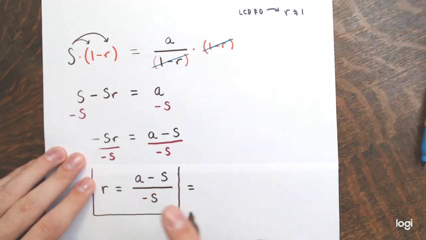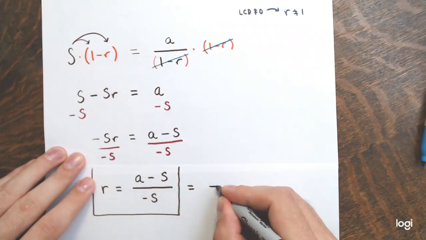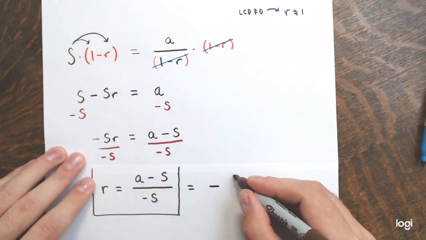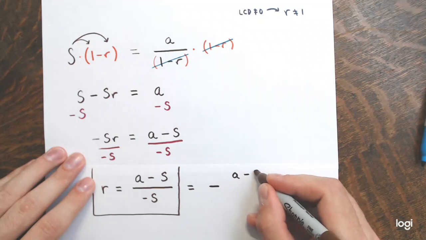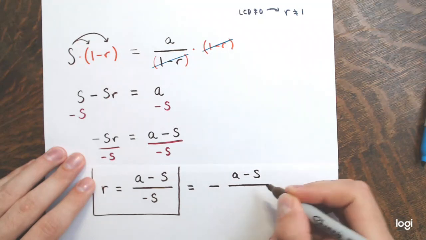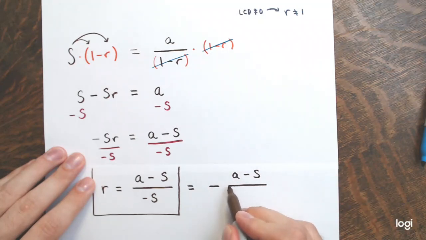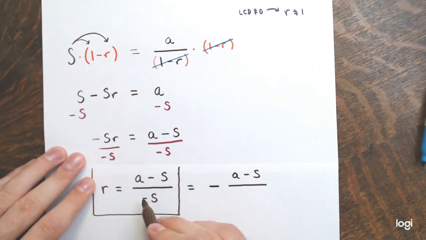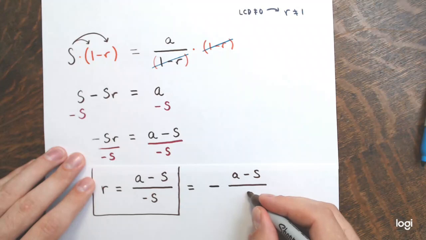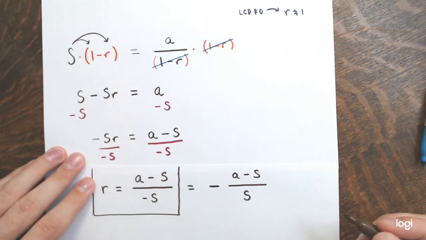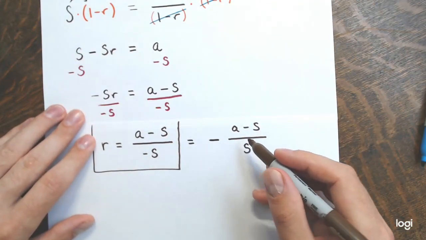You can pull the negative out front. Say this is the opposite of, or negative 1 times, the fraction a minus s over s, where I'm just sliding the negative sign to be in line with the fraction bar. Okay, this would be fine.